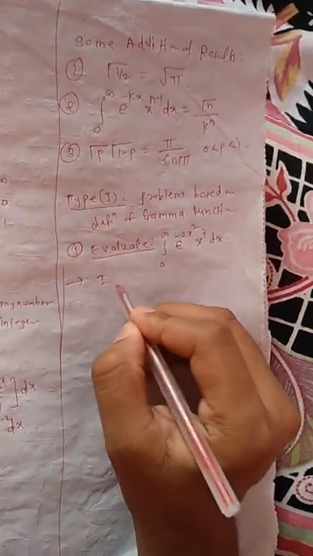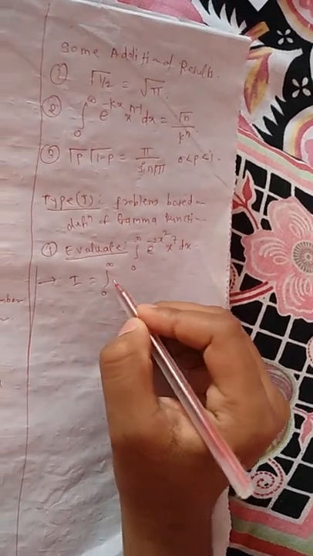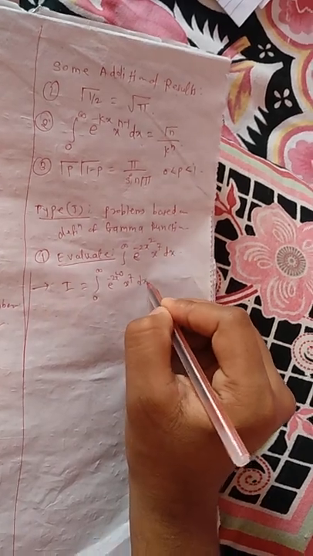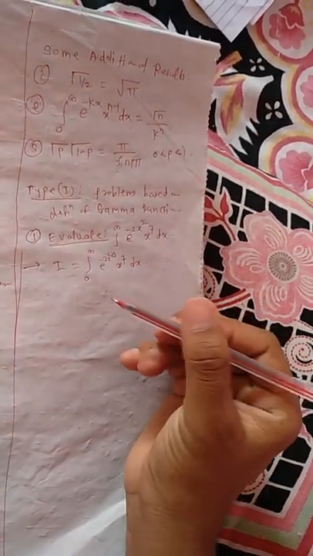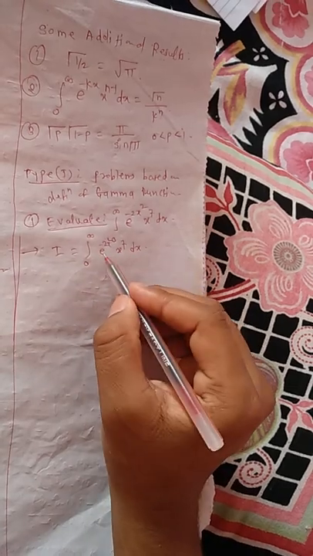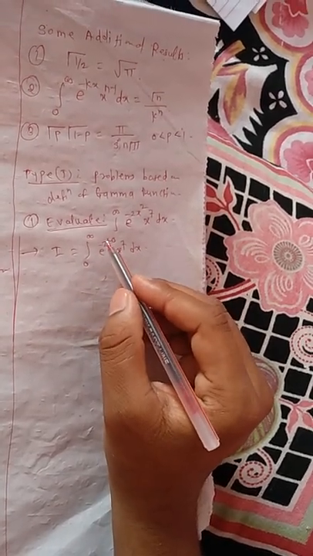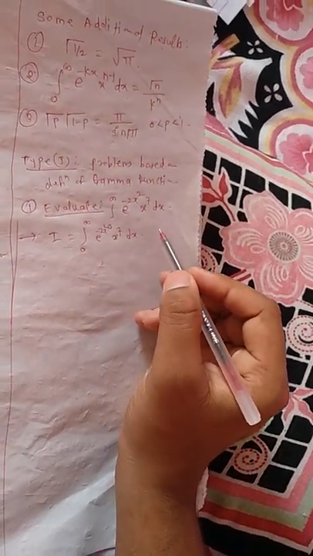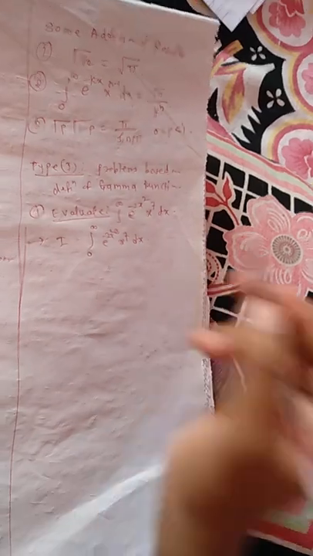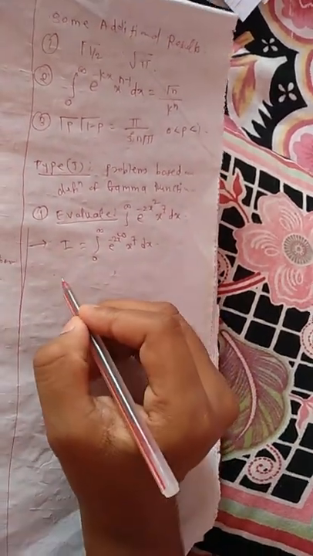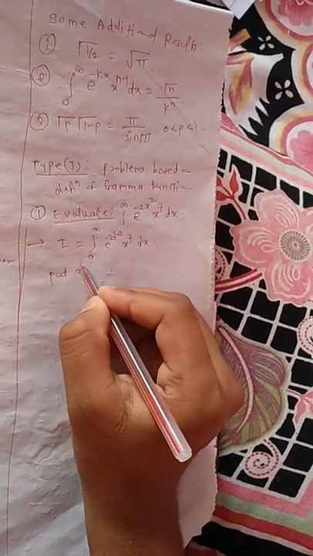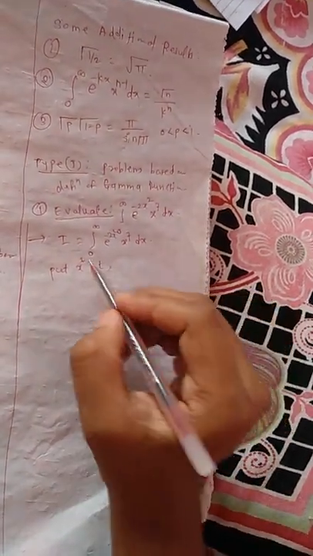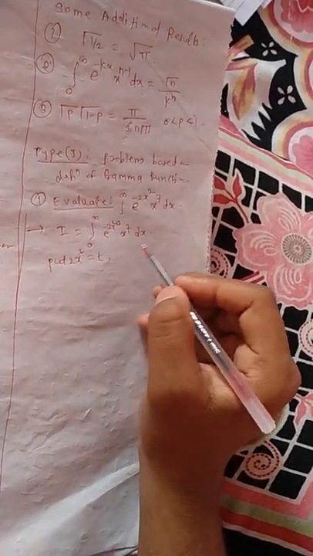Now I will consider I is equal to integration 0 to infinity e raised to minus 2x square x raised to 7 dx. As we have to apply the definition of gamma function, we require e to the power minus x only, but here we have 2 times x square. So I will adjust this term. I'll put 2x square is equal to t.